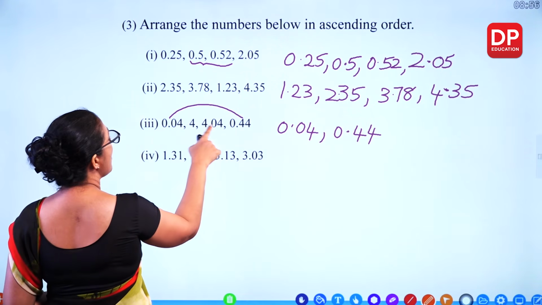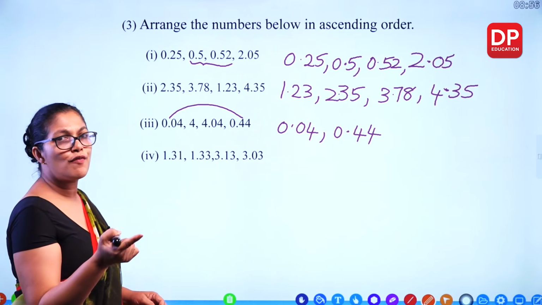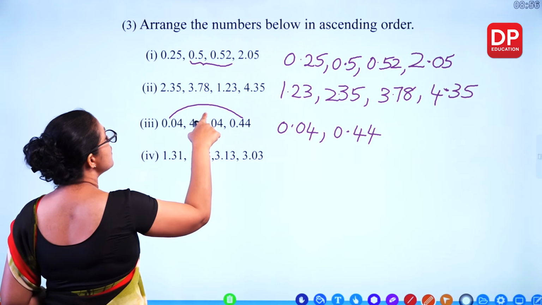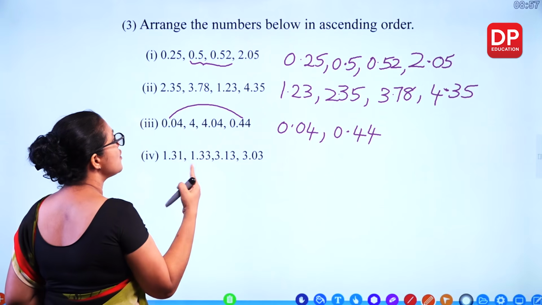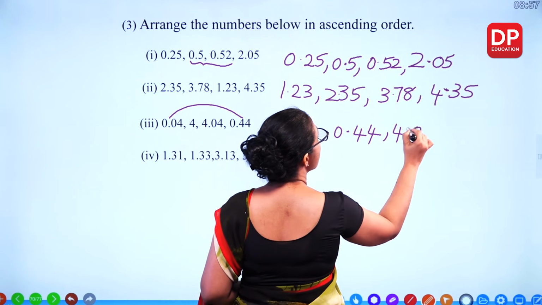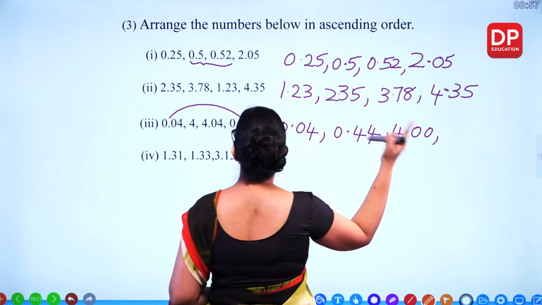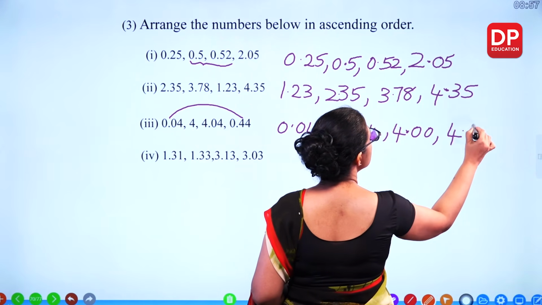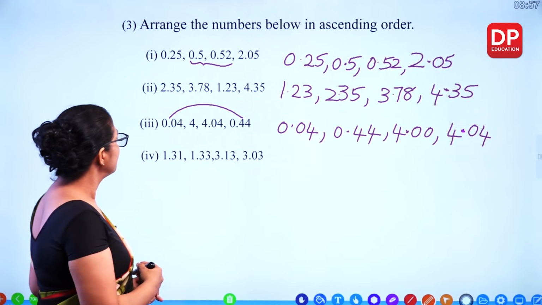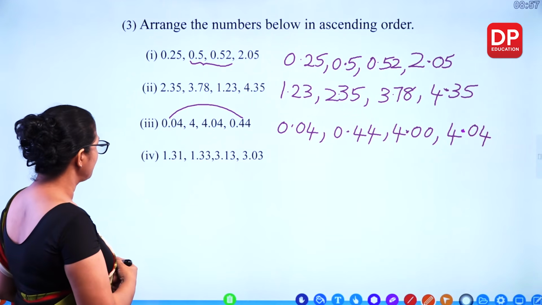Now we have to compare 4 or 4.04. So here 4.00. 4 means 4.00. So that's the next number. And the last one is 4.04. That's the highest.